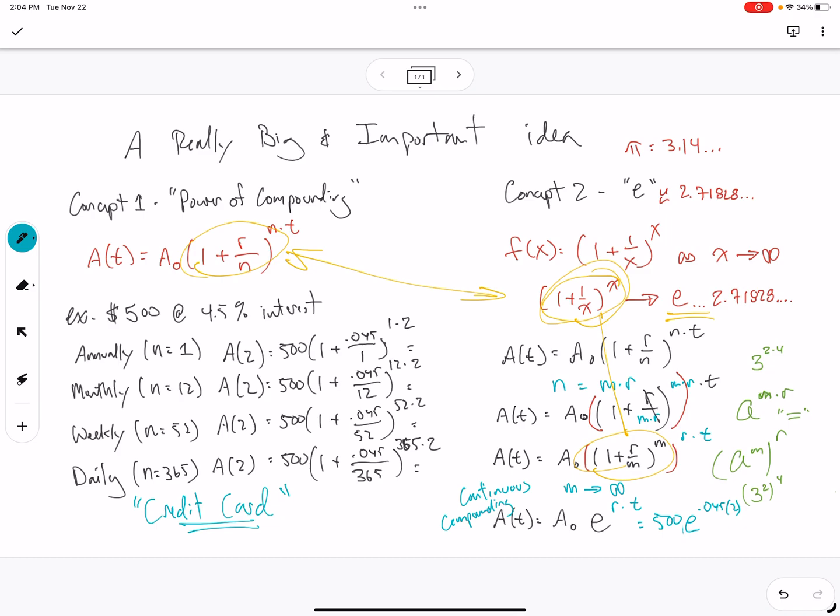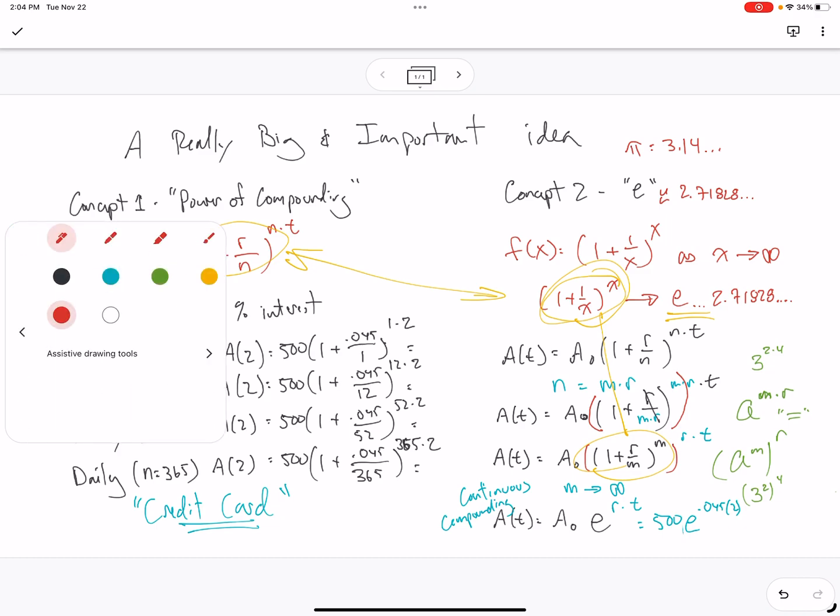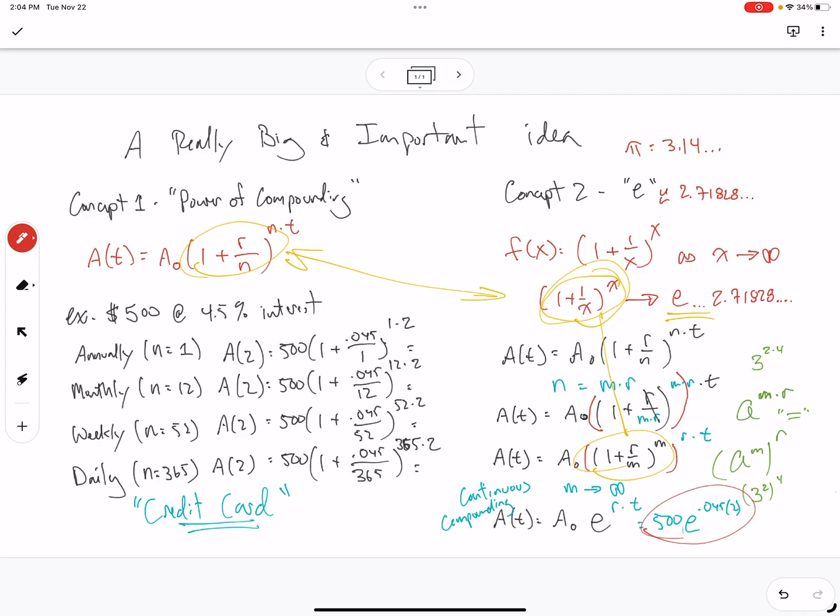And what you're going to find is this number right here is going to be just a little bit bigger than right here, which is going to be bigger than this number right here. But not by much, because the compounding is approaching an infinite number of times.